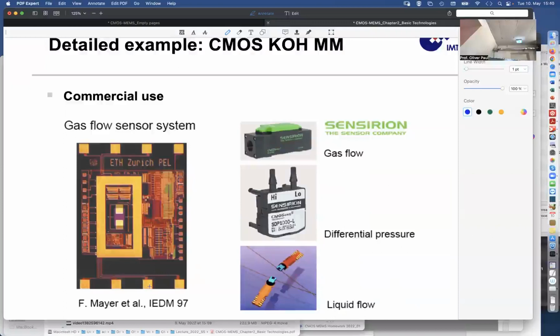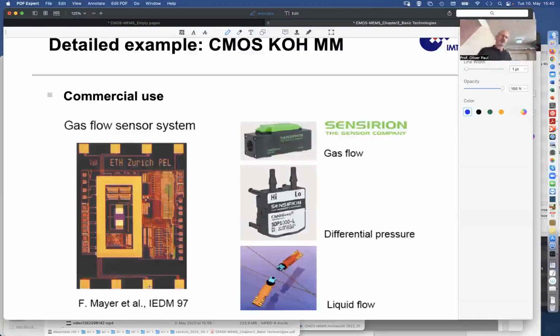We put a seal ring of gold around the structure so that Felix could mount a counterplate with a hole so that the rest of the circuit would be protected against gas, and the gas is then channeled only over the sensor area. And the contacting of the electric contact is also easier by the gold bond pads over there.